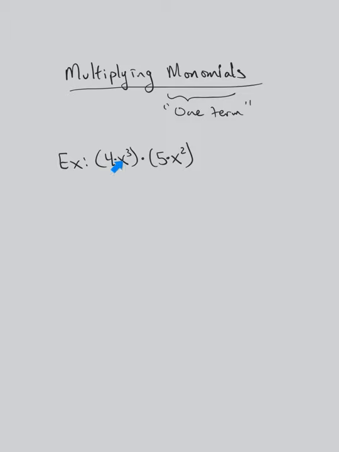It doesn't matter what order we multiply things in, so we can regroup: take the 4 and multiply it by 5, because that's something we can actually do, and then take that x cubed and multiply it by x squared. Hopefully we know what 4 times 5 is. It's 20.